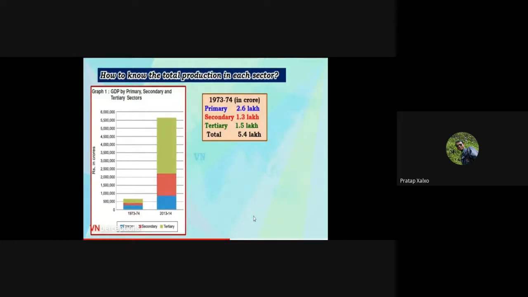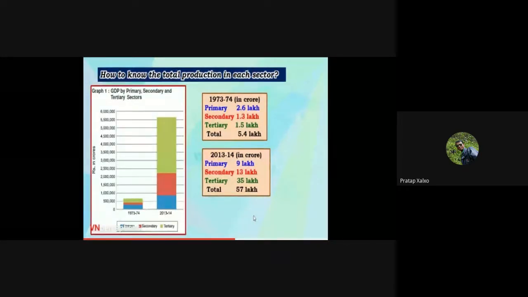In 1973-74, from the primary sector we had 2.6 lakhs, secondary sector 1.3 lakh, and tertiary sector 1.5 lakh. The total income is in the form of crores. So here the total income comes to 5.4 lakh crores. This was from the three sectors. So this is the GDP in 1973-74.